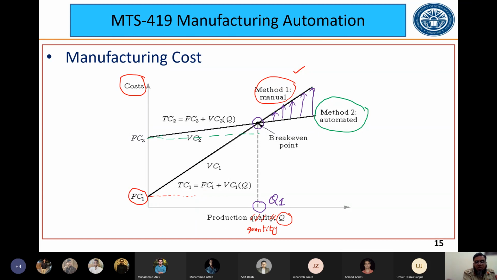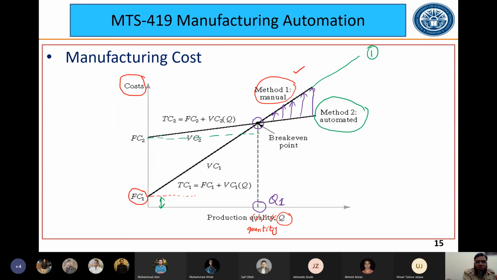So this is model number 1, which is called the manual method. So look at this, the manual method or a manual machine or a manual setup would have a reduced fixed cost, only fixed cost until here, and then its variable cost will vary according to the quantity.